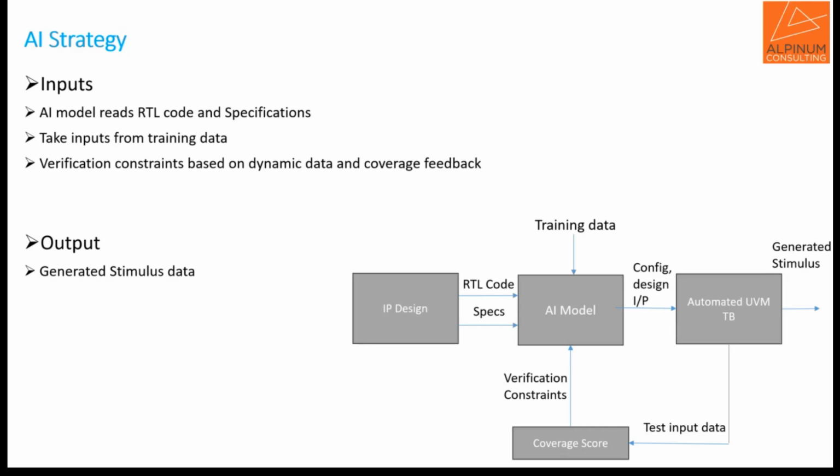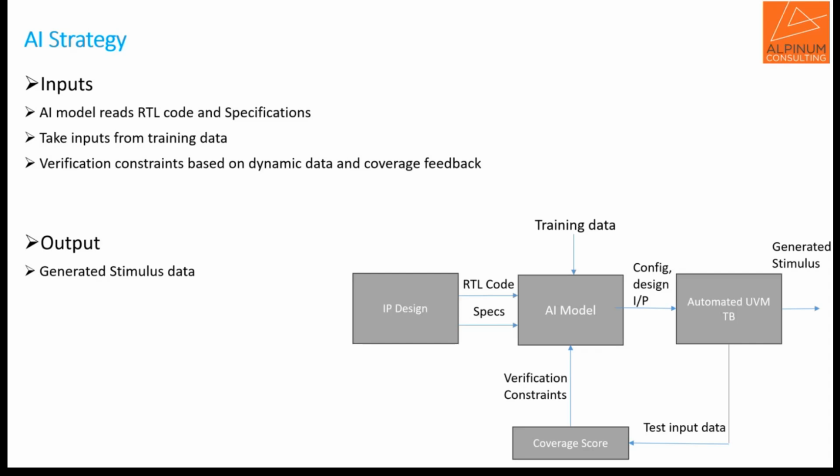So now we're working mainly with specifications or config files. The AI model then has training data to allow us to train that AI model, and that allows us to develop an automated UVM test bench.